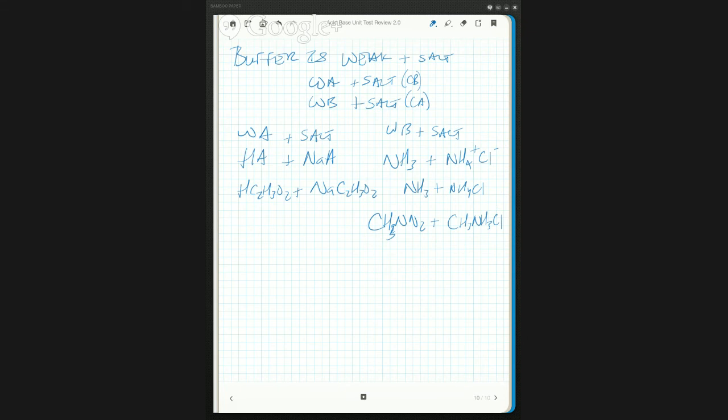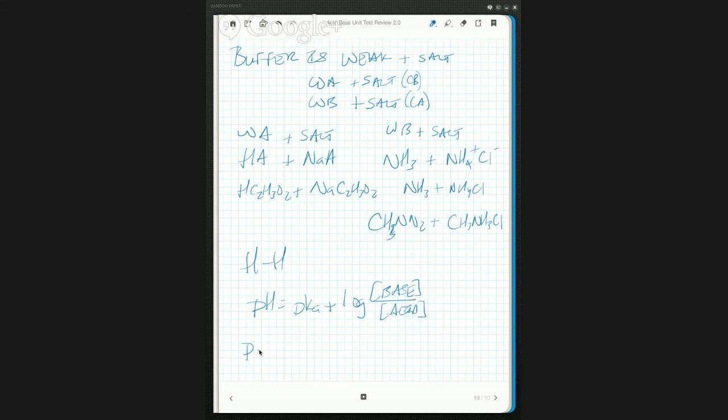And so they resist strong changes in pH. That's how they work. You can add strong acids or strong bases to it, and it won't fluctuate in pH greatly, which is kind of nice. The way that you would find pH for that is the Henderson-Hasselbalch equation: pH is equal to pKa plus log of the base over the acid, okay?